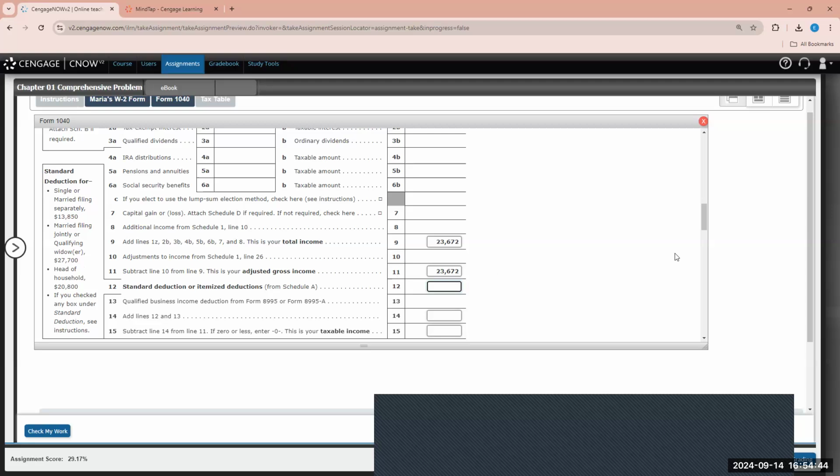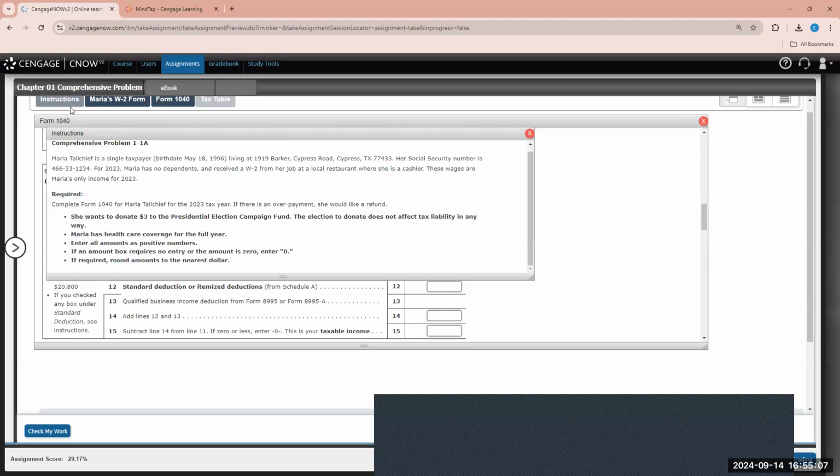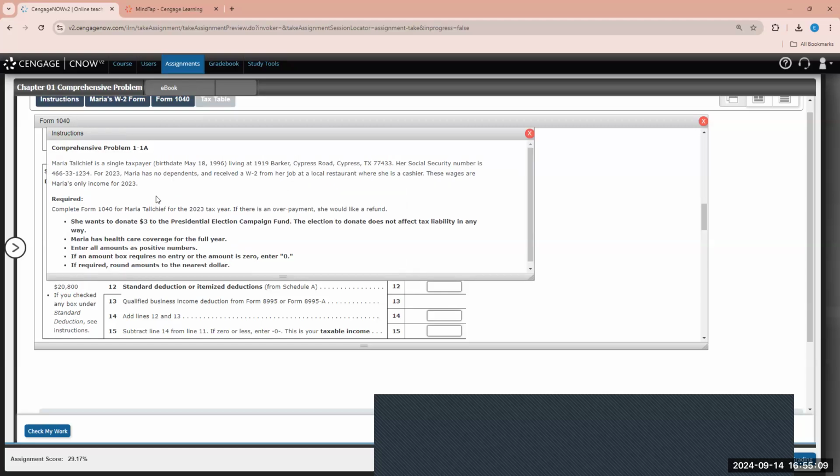So now we just calculated our AGI, right? Anytime you hear the word AGI, it stands for adjusted gross income. And now we're trying to find our taxable income from AGI, because she earned $23,672, but that's not her taxable income. So now we need to determine, is she going to take the standard deduction or itemized deductions?